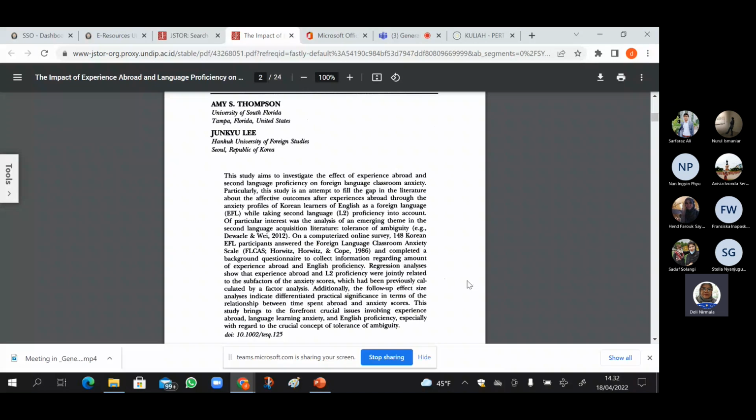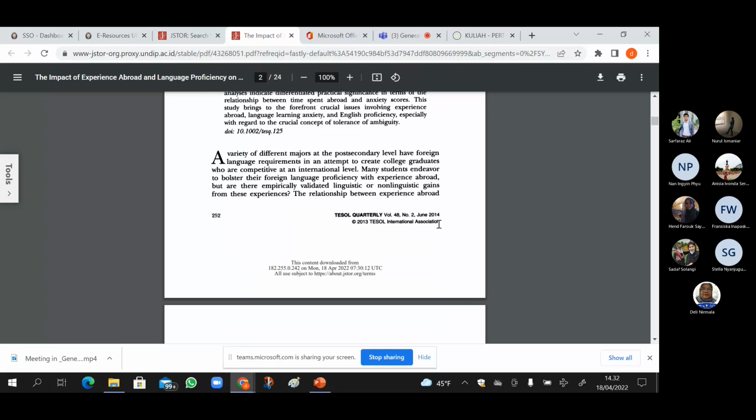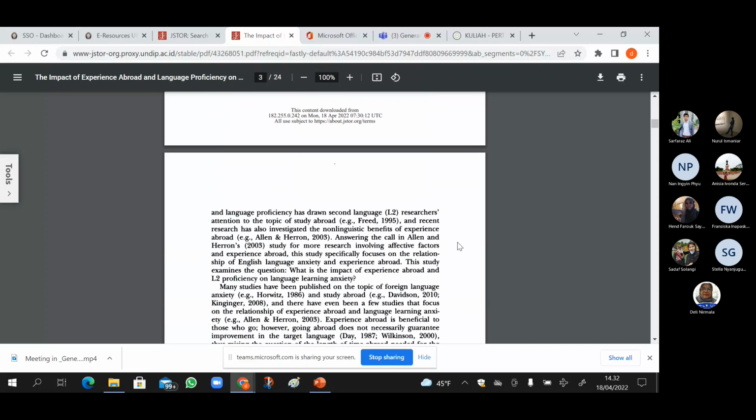The study brings to the forefront crucial issues involving experience abroad, language learning anxiety, and English proficiency. So maybe the hypothesis, we can see the hypothesis here. The longer the stay abroad, the more proficient they are and the lower anxiety they have.